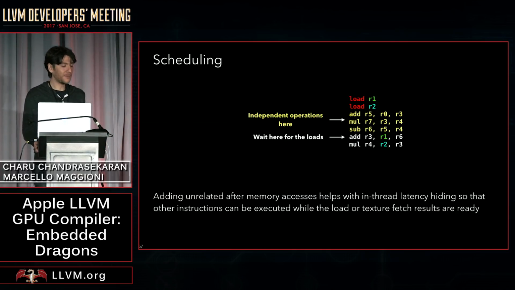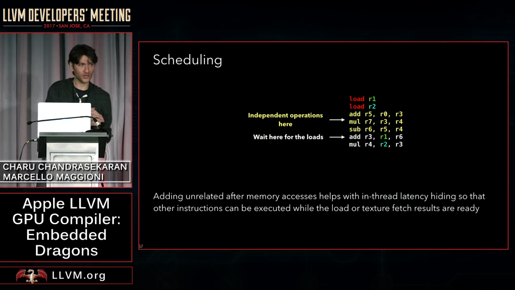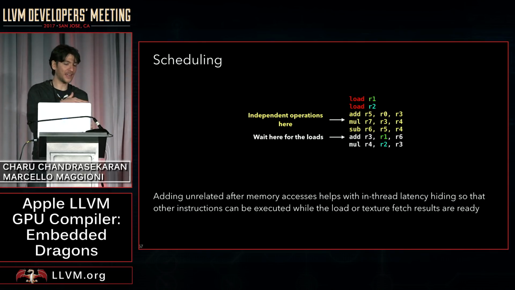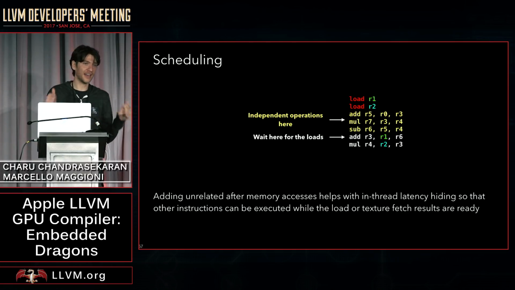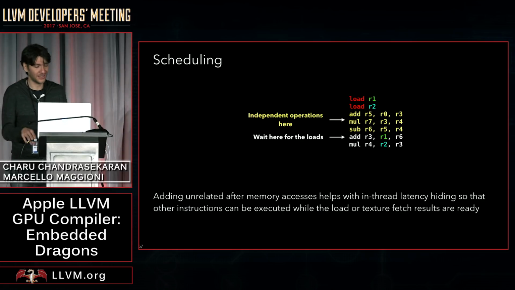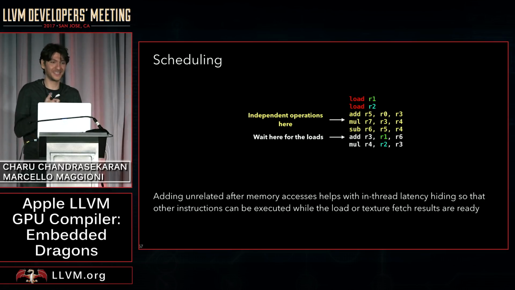One of the main things we do is move memory accesses up so that we run them early, run independent operations in the middle, and then wait just before we need the results. We need to be careful because we can exaggerate register pressure, and register pressure means less occupancy or spilling, which is terrible because it's both no occupancy and memory access.